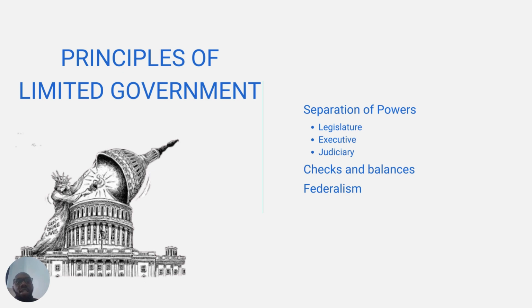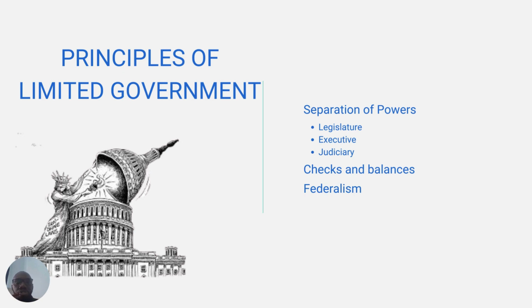And mostly separation of powers is associated with the system of checks and balances, which also means that separation of powers is the division of a state's government into branches, and these branches, ideally, have to put each other on check.